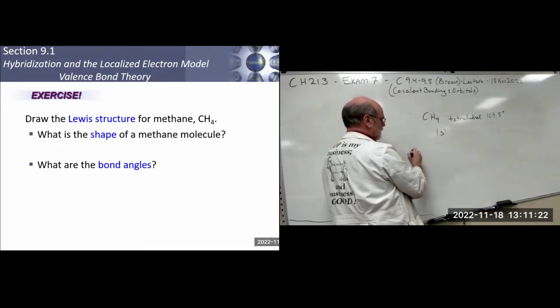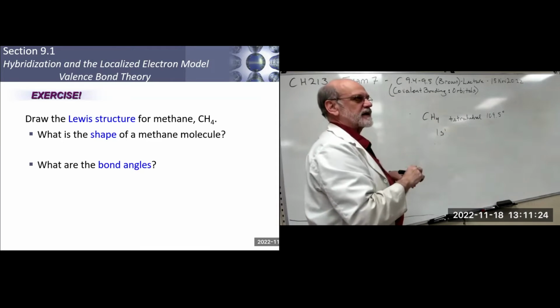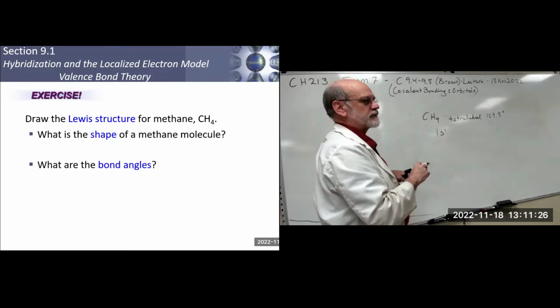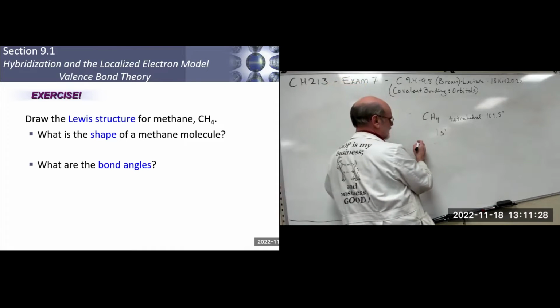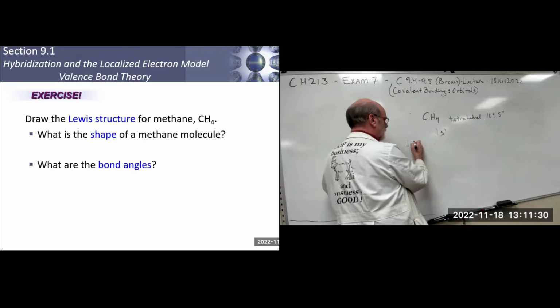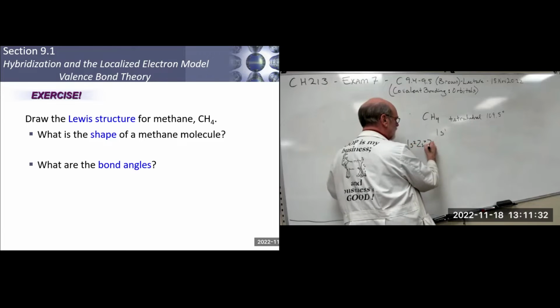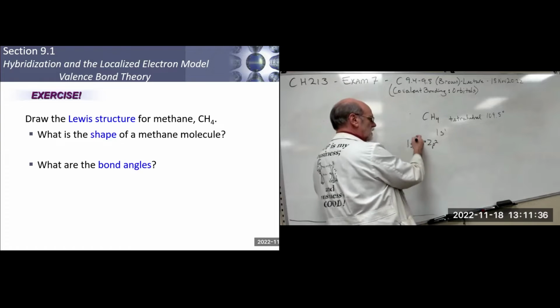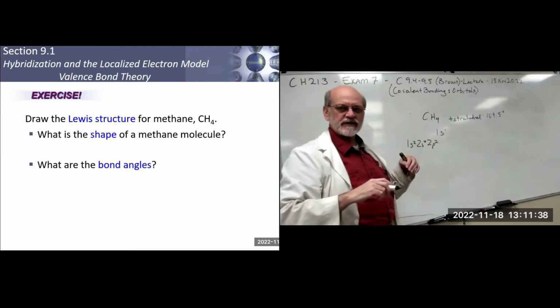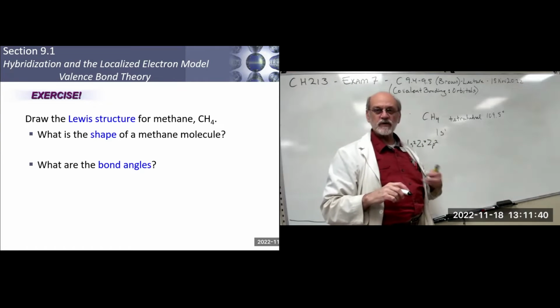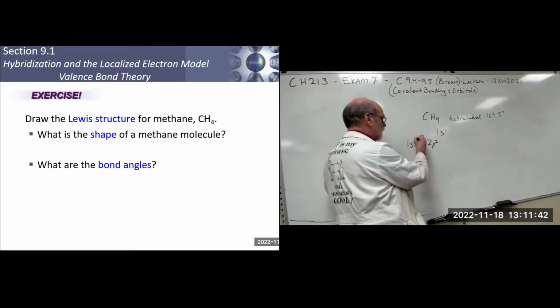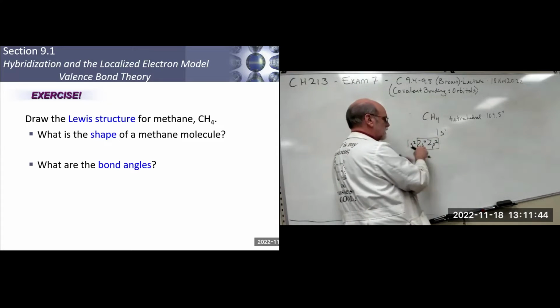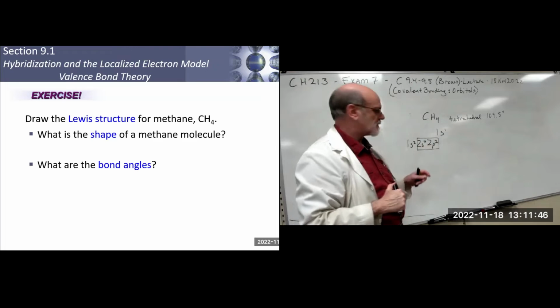The carbon, however, has 6 electrons: 1s2, 2s2, and 2p2. So the bonding is only going to take place, according to the valence bond theory, with the valence electrons. So we only have to concern ourselves with the valence shells.